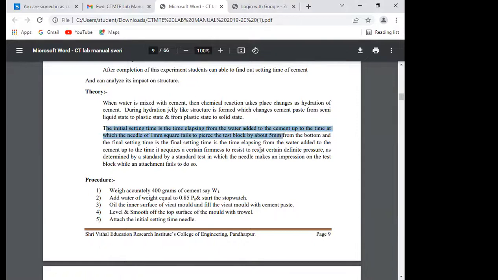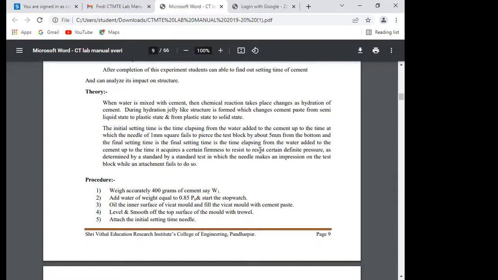Initial setting time is the time elapsed between when you add water in the cement paste and the phase at which the initial setting time needle will penetrate the Vicat's mold by 32 to 35 mm from the top.